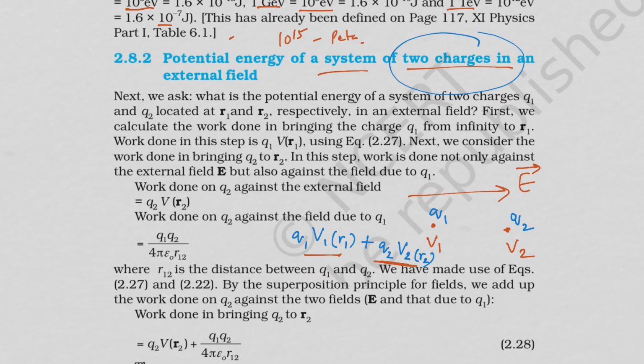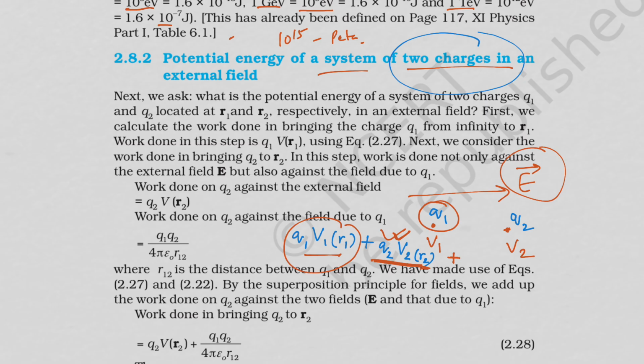But then the second charge will also feel a potential or a force due to the first charge, okay. This potential energy is developed because of the external field we talked about, E, okay. And here also this is developed because of the external field.